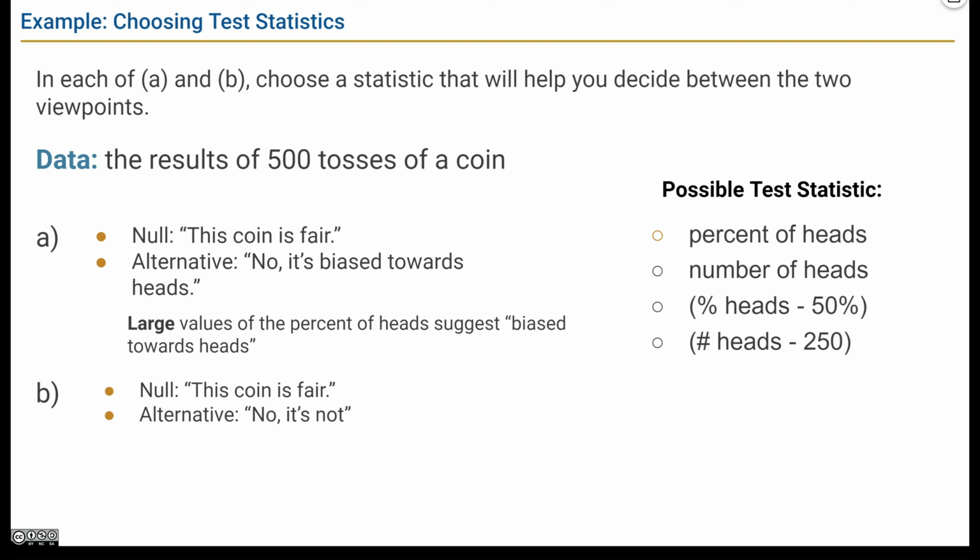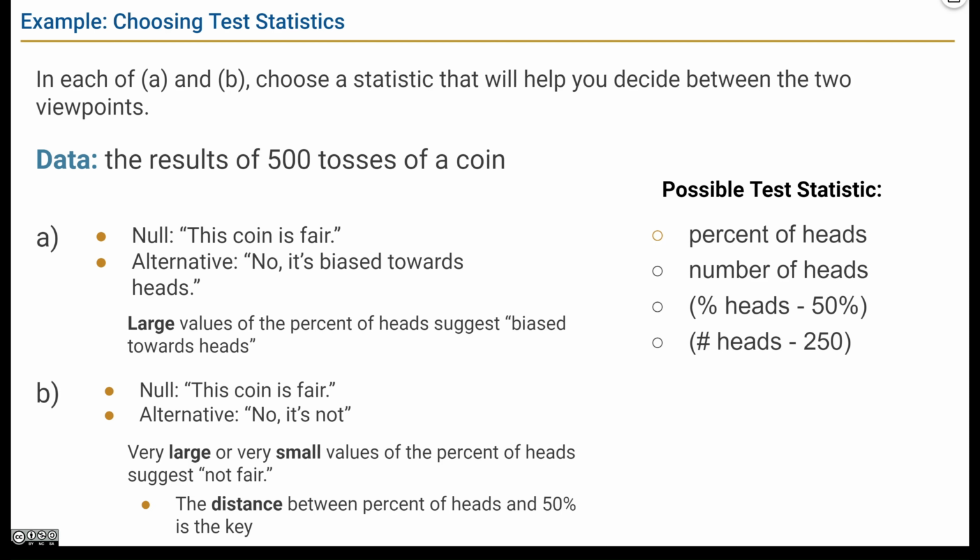Okay, now let's look at this next case. The coin is fair and the alternative is no, it's not. Now, I could still use number of heads, percent of heads, but the problem now is that I want to account for whether or not it's too high or too low. And I want to account for that all in one test statistic. So very large or very small values suggest not fair.